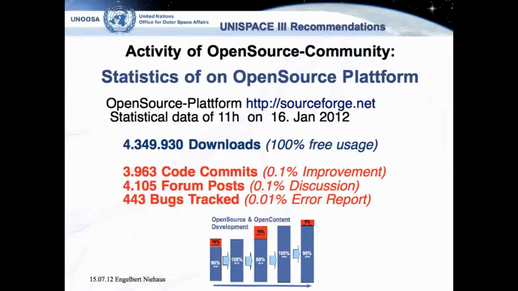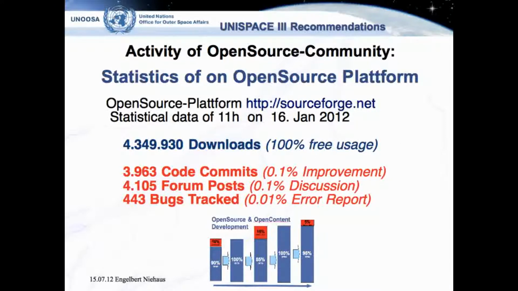So if we put that in a ratio between downloads and improvements, discussion, and error reports, there is 0.1% which has to do with improvement, and 0.1% putting effort in the open source projects on discussion of features, and only 0.01% are bug tracking reports.